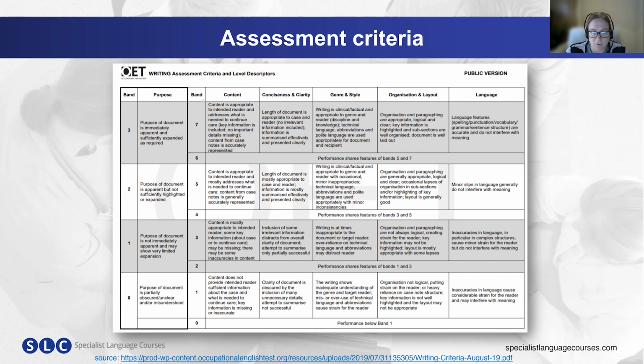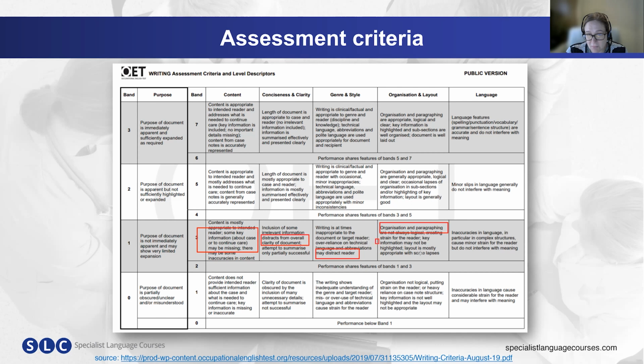And if we look at that criteria in a bit more detail, you can see that when it's under band 5, so if we look at band 3, which includes band 4, it's some key information missing, distracts from the overall clarity, may distract the reader. Organization, not always logical.